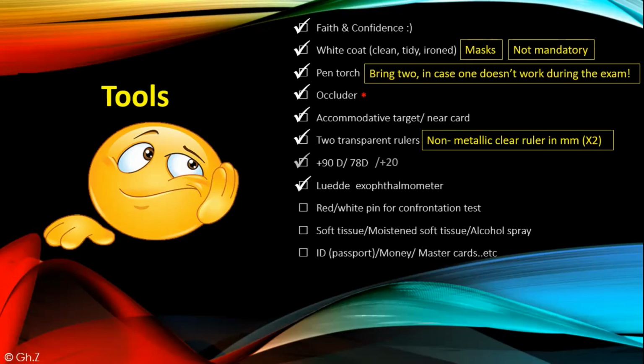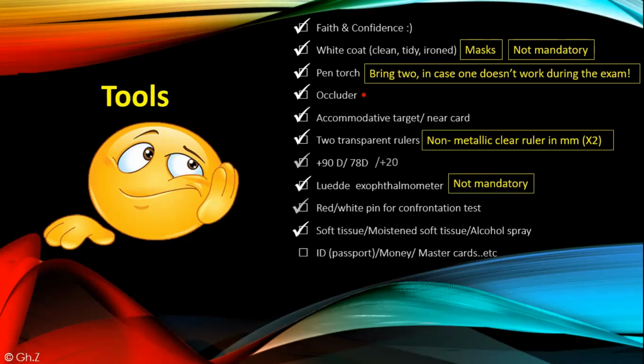Hertel's exophthalmometers are not needed, but since I mentioned them in our series, I used this mark. Visual field is needed in proptosis, but again, if you are asked to do visual field, it is usually in the neuro station, not in this station. And you have to have both red and white.